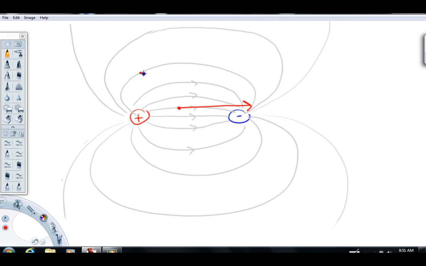The field's still tangent to the curve, so if I were to draw, I'm sorry, not a field line, an electric field vector at this point, it might look something like that. So there's an electric field vector, there's another electric field vector. If I were to draw an electric field vector out maybe here, again, this is a really sparse region. The field lines are not tight at all. The field is tangent to the curve, but relatively weak.